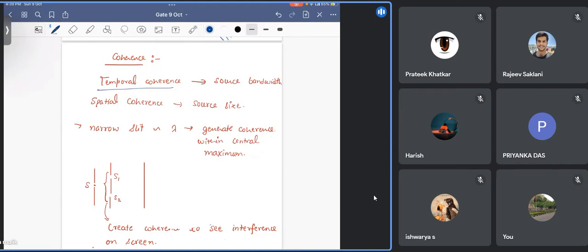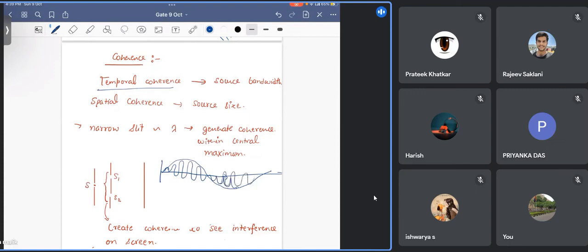So in case of, let's say, naturally all the waves come in the form of groups. They do not come as just a single wave. So you have this kind of envelope-like thing, and inside this envelope you have these single waves.